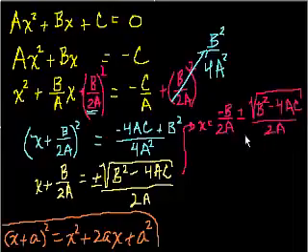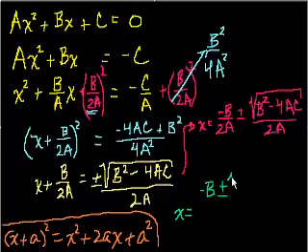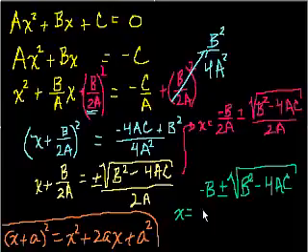And we already have a common denominator, so we can just add the fractions. So we get, and I'm going to do this in a vibrant, well, green color, x is equal to, the numerator, negative b plus or minus the square root of b squared minus 4ac, all of that over 2a.